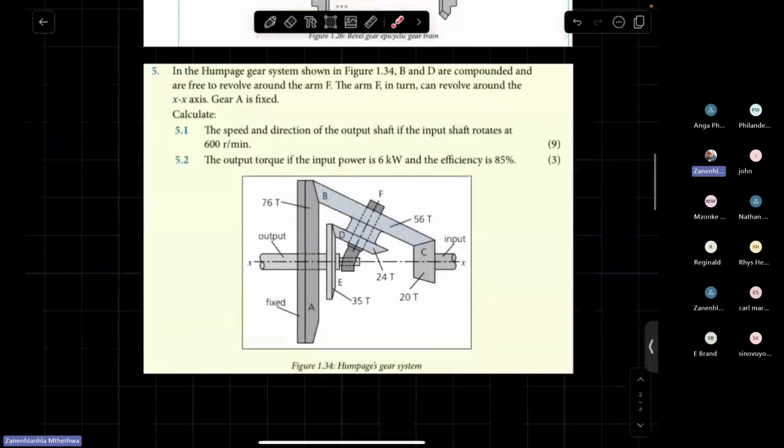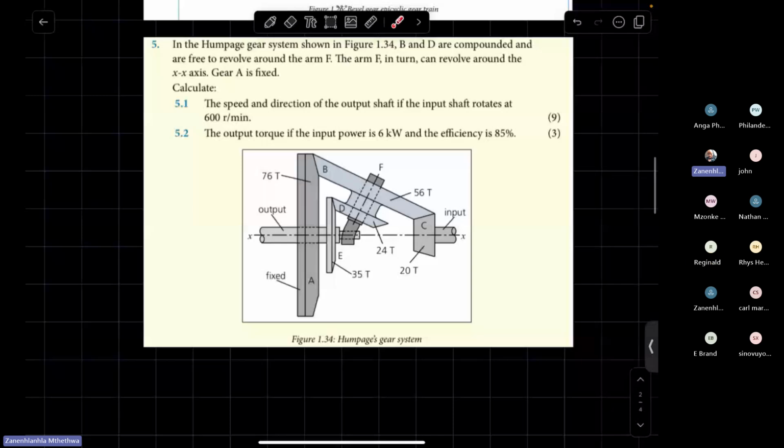If we are clear, let's consider this bevel gear. Consider gears A, B, and C. If you look at gear A and gear B, based on what we just covered, will gear A and B go in the same direction or opposite directions?